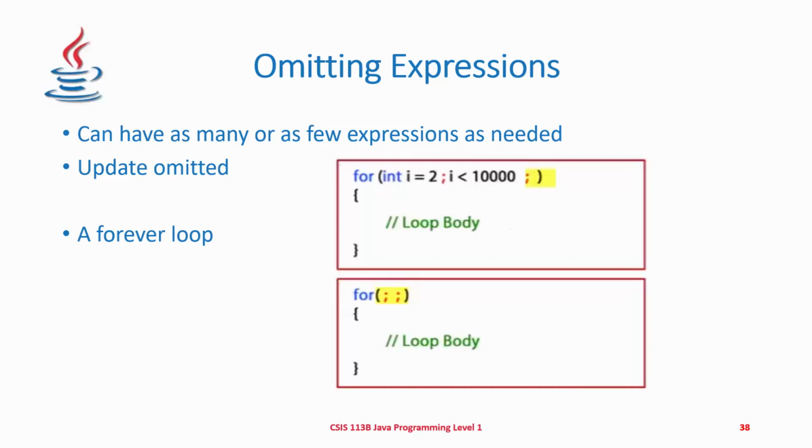But notice there wasn't any increment value to the right of the Boolean expression. And then the last example actually is a legal for loop. No initialization, no Boolean test, and no update to our initialized variable. So all the mechanics of that would have to be in the loop body, or again, you would have a loop that loops forever.